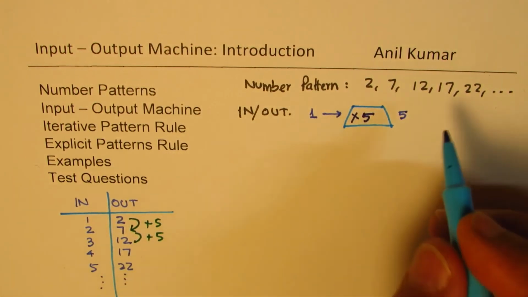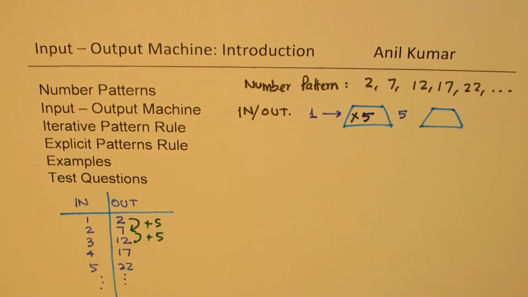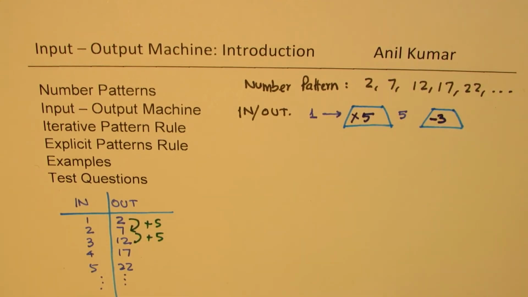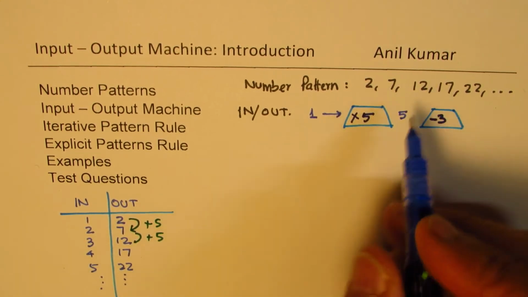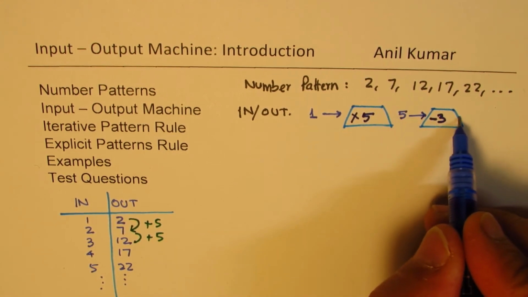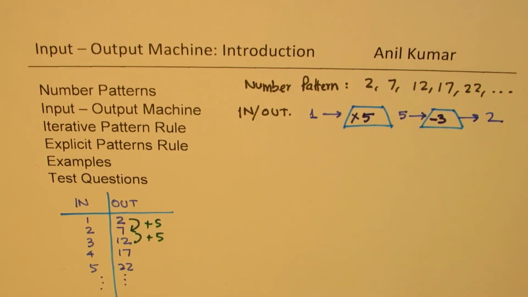How do I get 2? Well, to get 2 from 5, what should I do? I should take away 3. Does it make sense to you? I should take away 3. And then when I feed in 5, 5 minus 3 will give me 2. Does it make sense? So this becomes my input output.